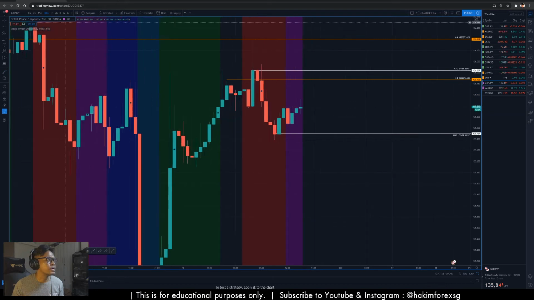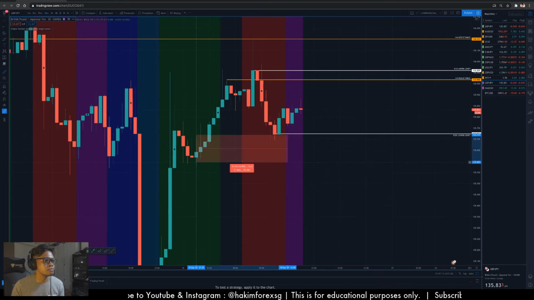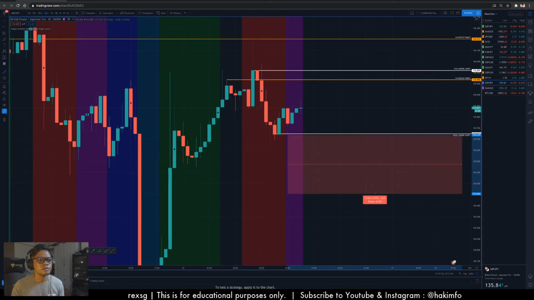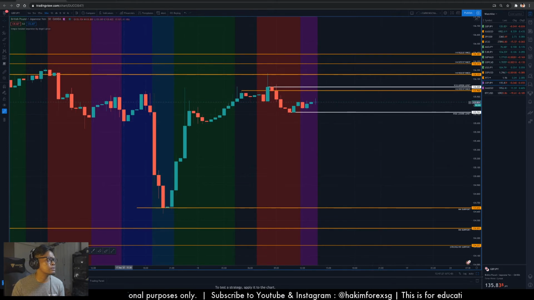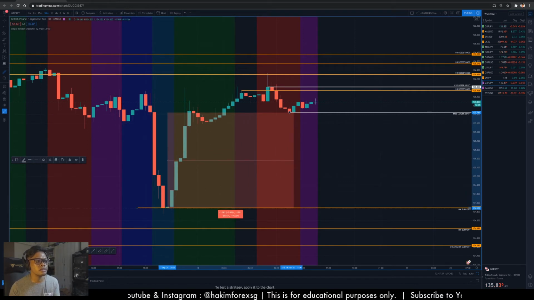If the price later on tends to go down, you need to break below 135.72 to go down to maybe 135.609, which is 11 pips, or if it goes even more bearish, if it breaks here, it goes down here, or it goes down to respect the 134.638, which is a 100 pip move.